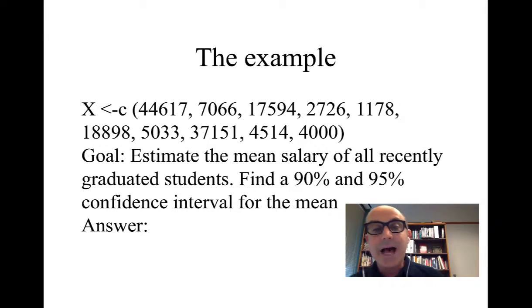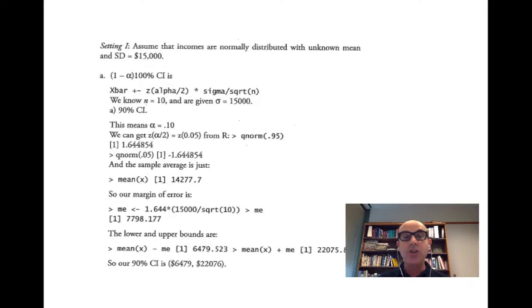So let's take an example. I have a container that contains different salaries, and we are asked to estimate the mean salary of all recently graduated students from the School of Information. Find the 90% and 95% confidence interval for the mean. I lay out for you exactly what you do with regard to our calculation.